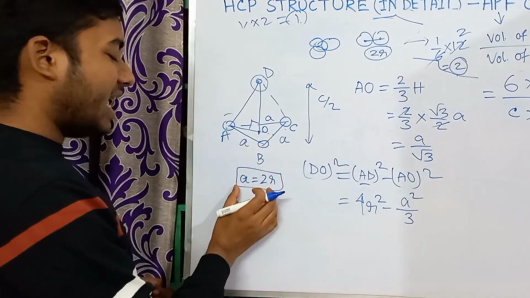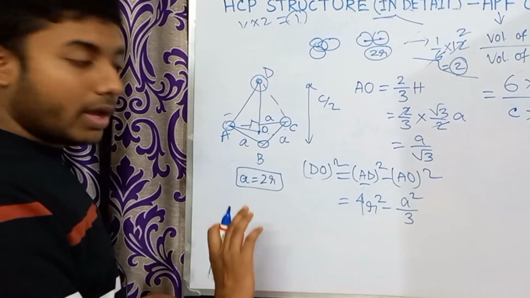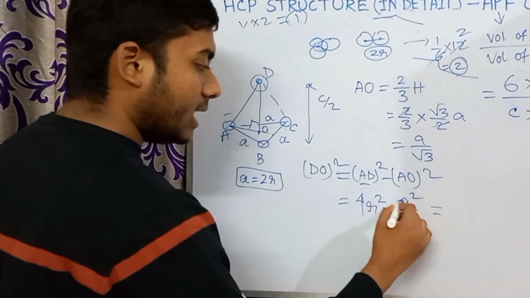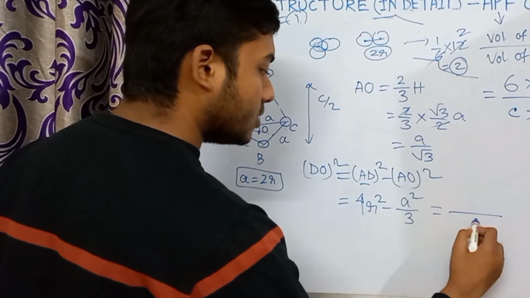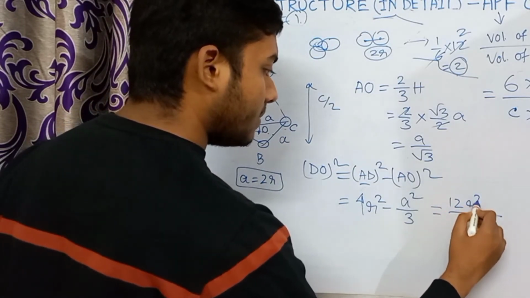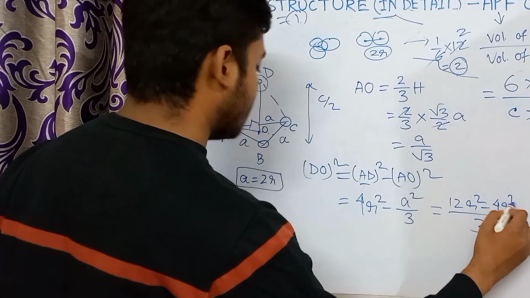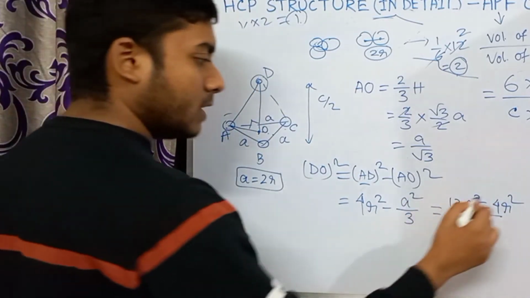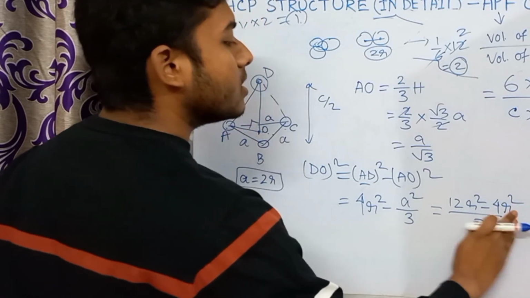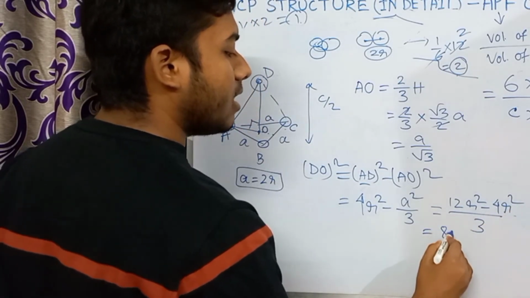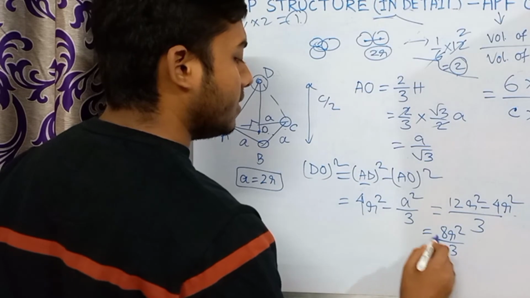So the lattice parameter will be 2r. Putting that in, this is 4r square, and this is 12r square minus 4r square divided by 3. So this will be 8r square divided by 3.